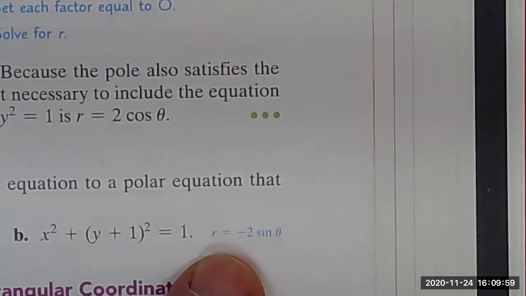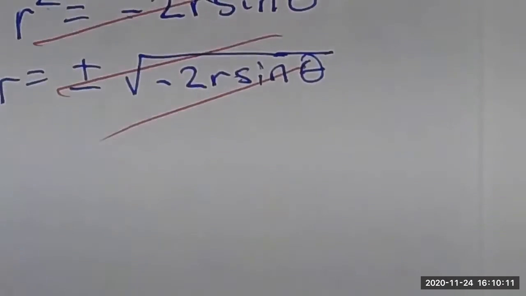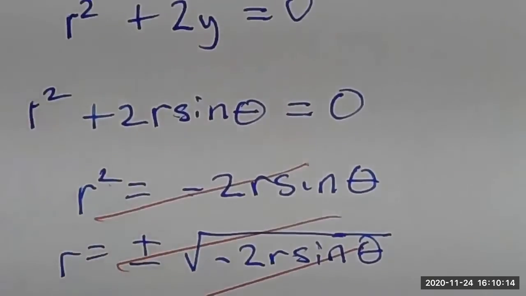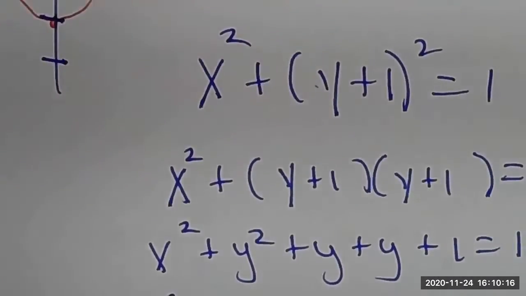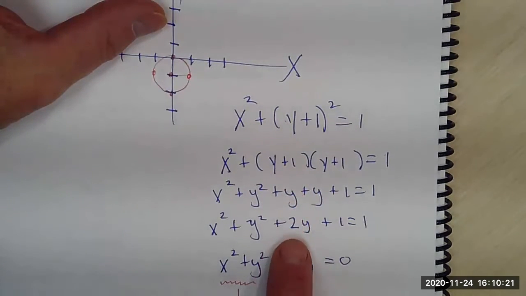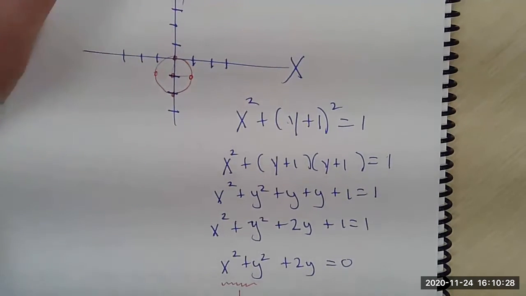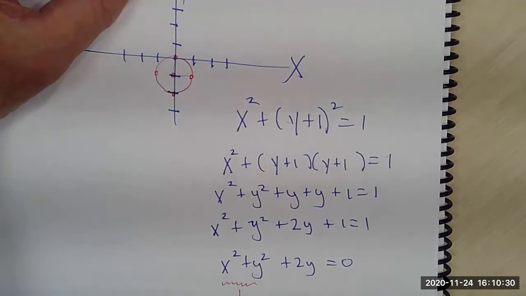r equals negative 2 sine theta. I'm going to go back and see if I've made any careless mistake prior to this. That looks pretty simple. Let's see. Oh, no, that's r squared. x squared plus y squared is equal to r squared.